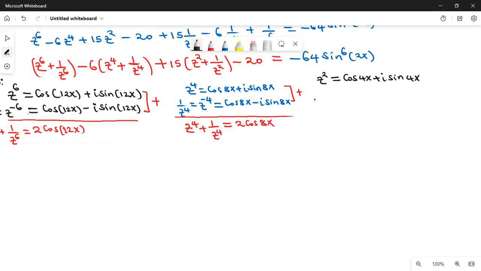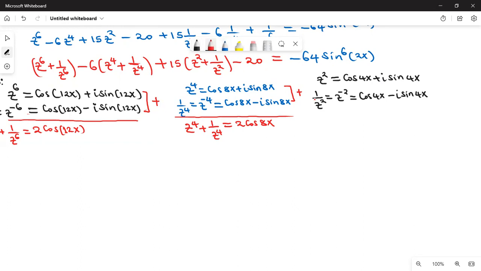What about 1 over z squared? It is the same as z raised to negative 2, and so this is cosine of 4x minus i sine of 4x.